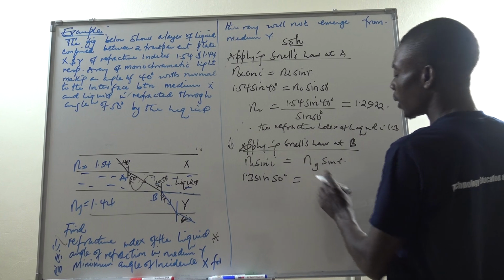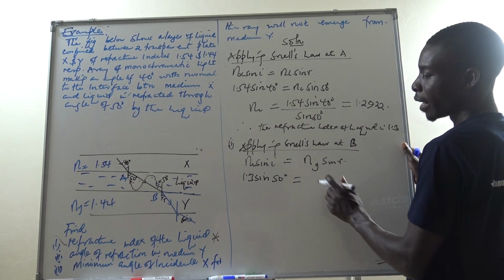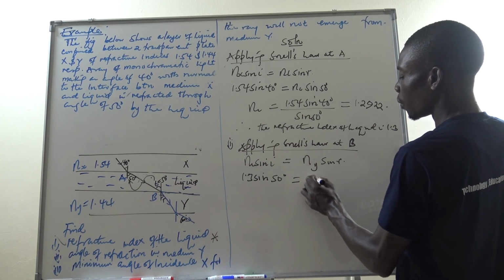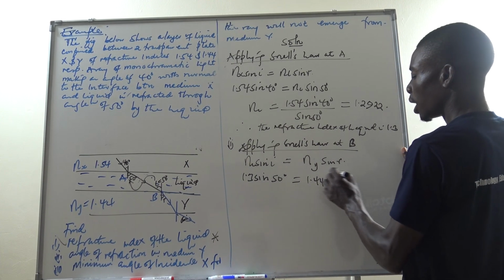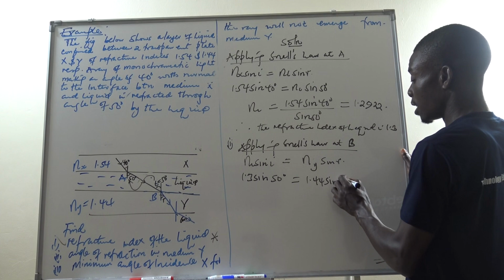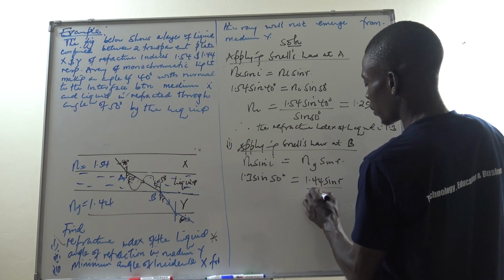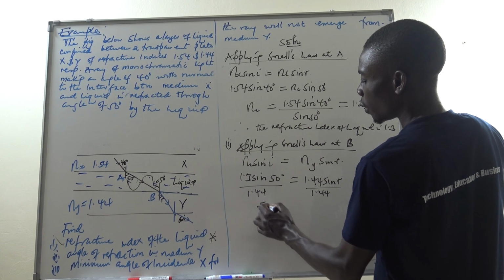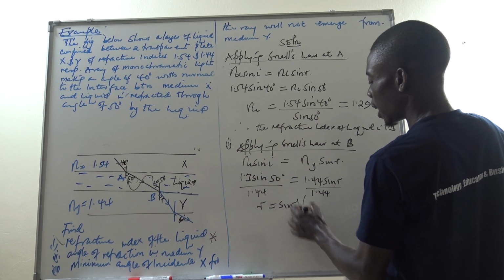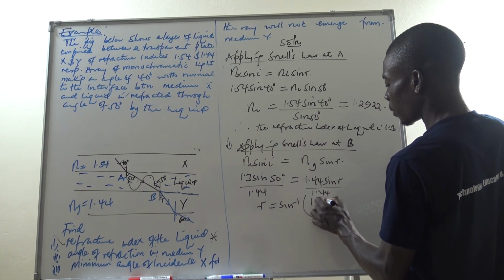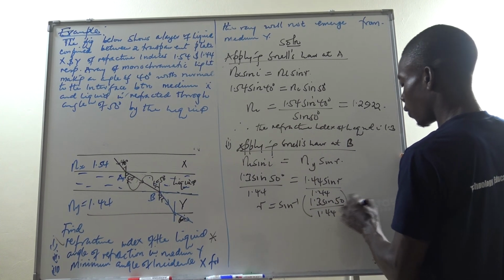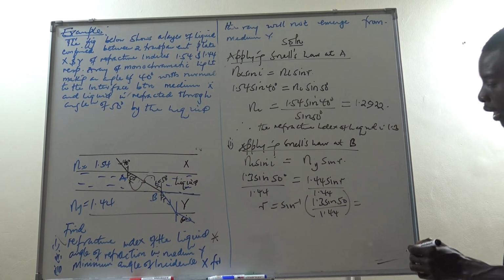This angle is the same because they're alternating angles, so this 50 can also be allowed to be there. So equaling to N_Y, and then my N_Y, I have it there as 1.44, and then sine R that is needed. So you can divide by 1.44. R is now the sine inverse of 1.3 sine 50 out of 1.44. So get your calculator.